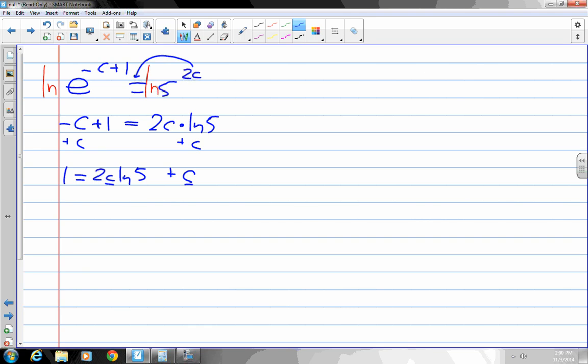In order to combine like terms, I'm going to have to factor the c out. 2 natural logs of 5 plus 1 times c. So this is the coefficient in front of c. So then, to solve for c, c equals 1 over 2 ln of 5 plus 1. So whatever that is, that's our answer.